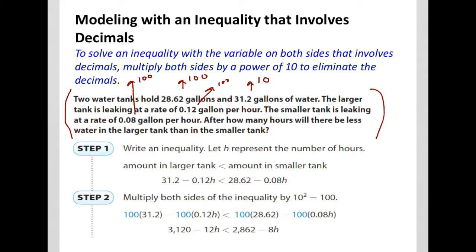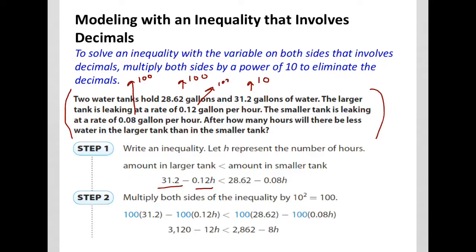So the larger tank has 31.2 gallons, and it is leaking at a rate of 0.12. Leaking means water's coming out, so that'll be subtraction, minus 0.12h. Now we want to know when it's less than, so our inequality sign will be less than.